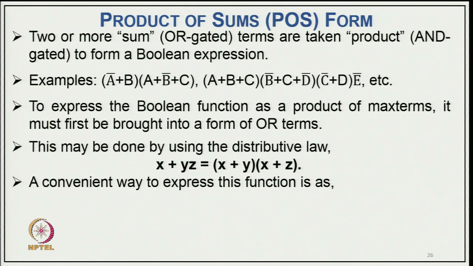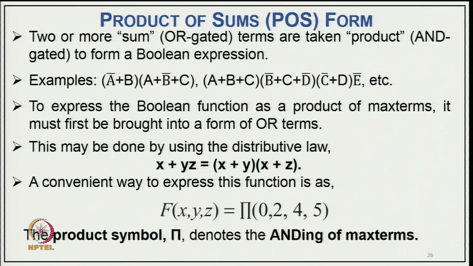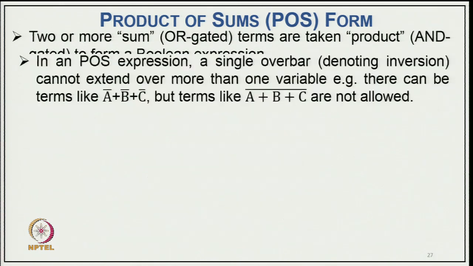A convenient way to express this function is F as a function of x, y, z equal to Π(0, 2, 4, 5). This is again the symbol for multiplication, and that is the reason all these expressions are just multiplied. So, the product symbol pi denotes the ANDing of maxterms.